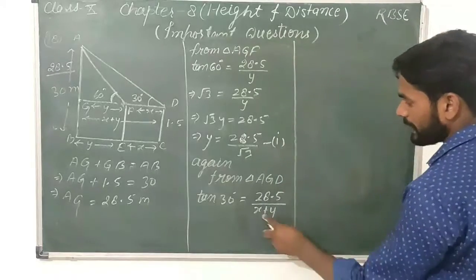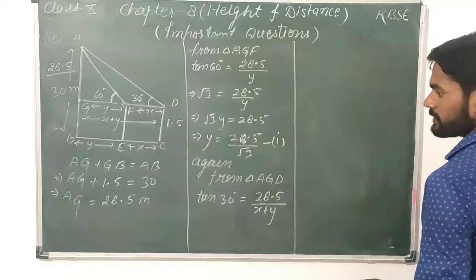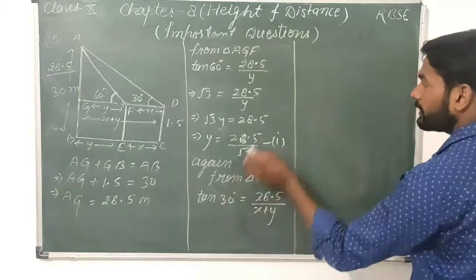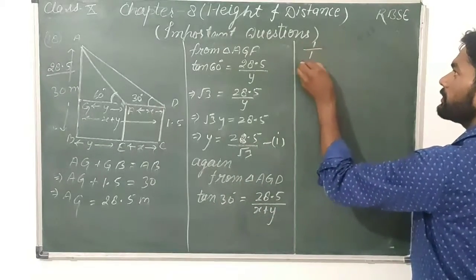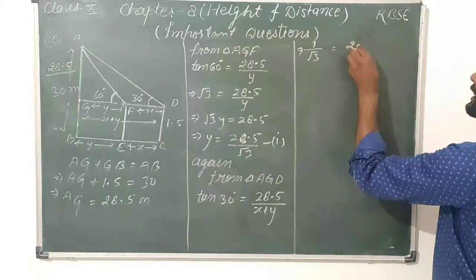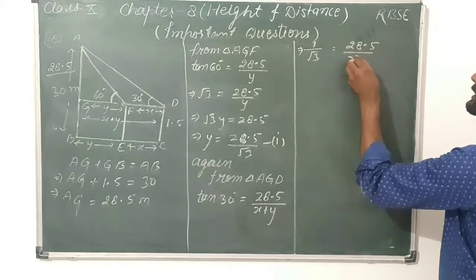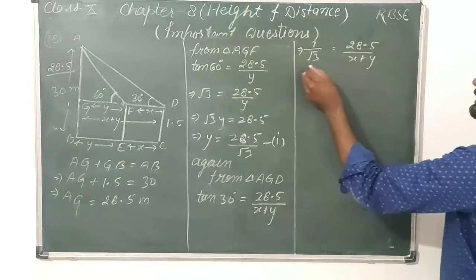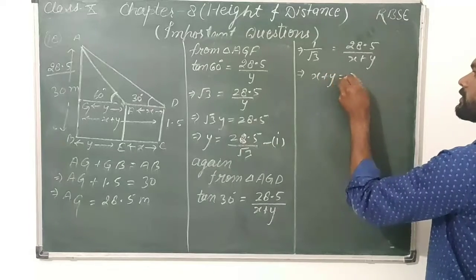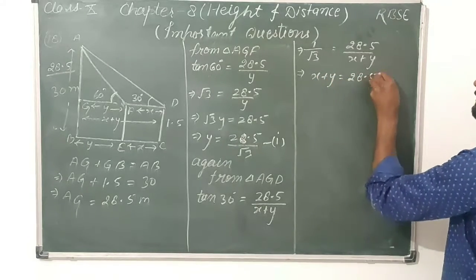Apply the value of y from the first equation, or rather, first let's cross multiply. Tan 30 is 1 upon root 3, which is equal to 28.5 upon x plus y. Cross multiply, x plus y is equal to 28.5 root 3.